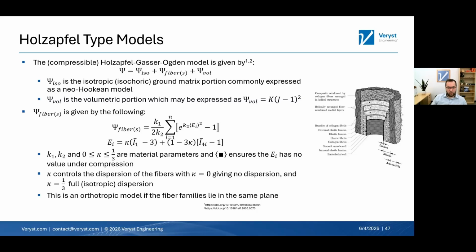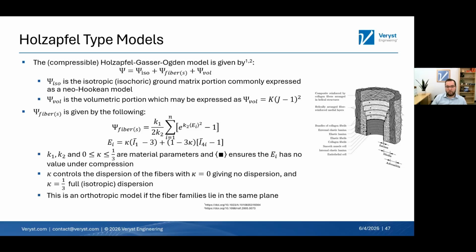So if kappa is 0, then you have no dispersion, it's fully I4. Whereas if kappa is a third, then you've got fully I1, and it's basically an isotropic dispersion, so your fibers are just dispersed everywhere. And this is an orthotropic model if the fiber families lie in the same plane.